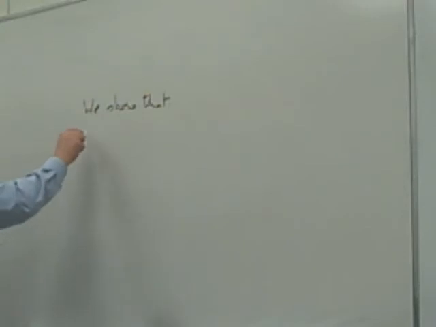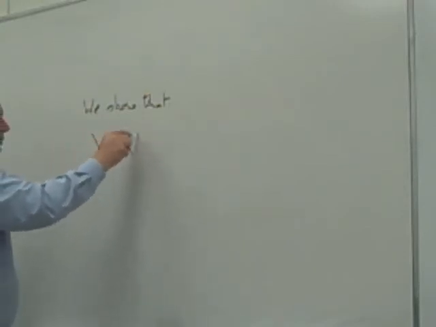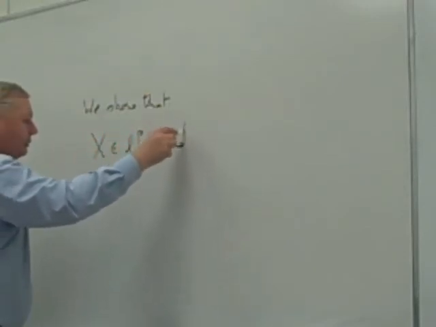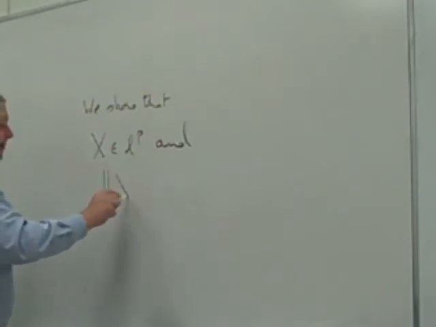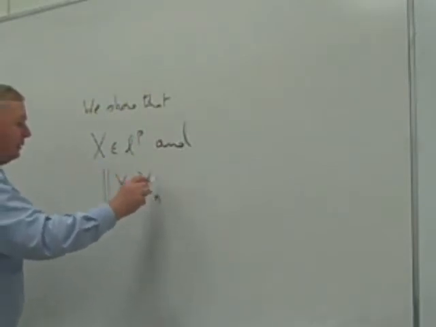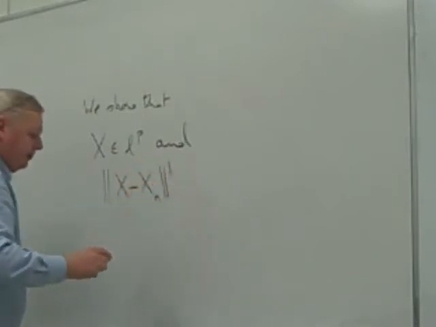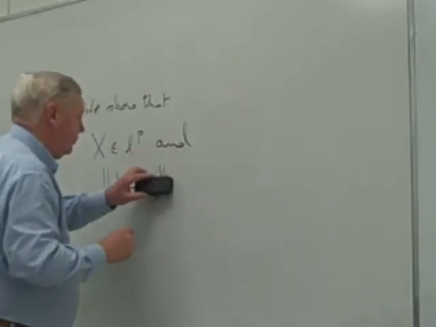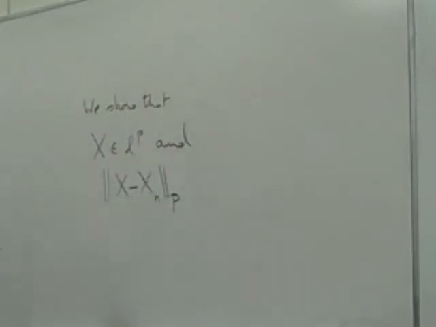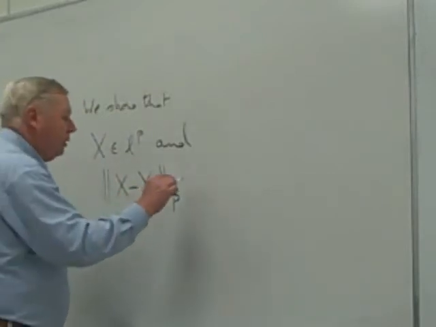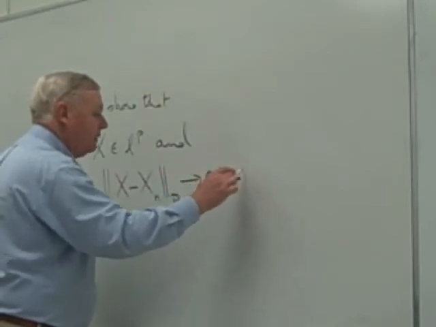So we show that capital X is in little lp, and that the difference, capital X minus xn, in p norm goes to 0 as n goes to infinity.